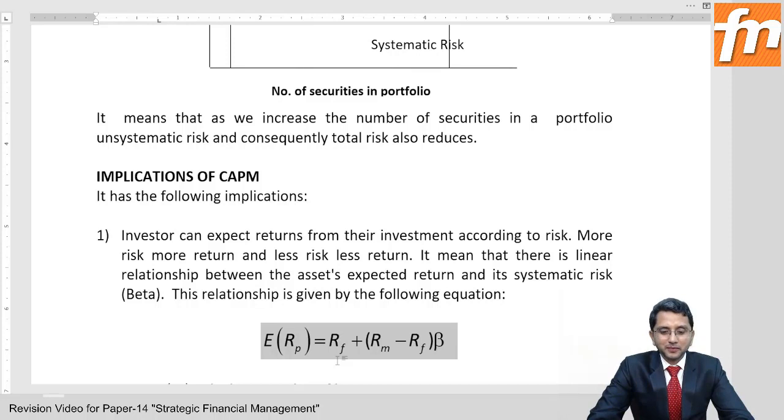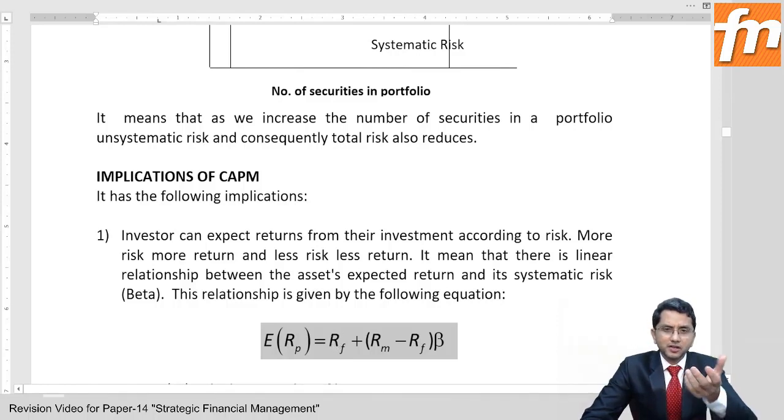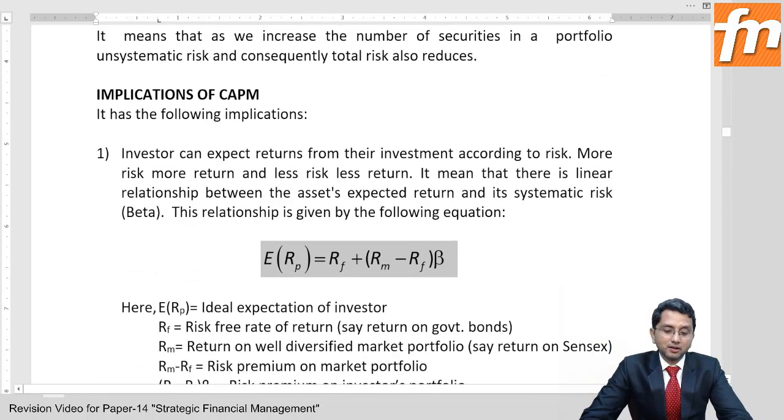No, no, no. You're taking a risk. So besides the risk-free return, State Bank of India FD or Government of India bonds are risk-free. You don't take any risk. Your money is secure. And that's why the rate of return on those securities is named as risk-free rate of return.